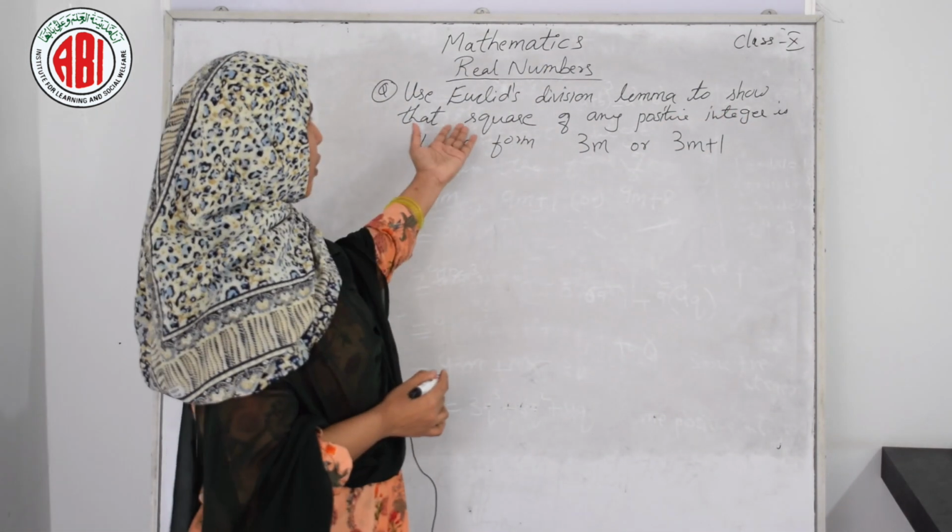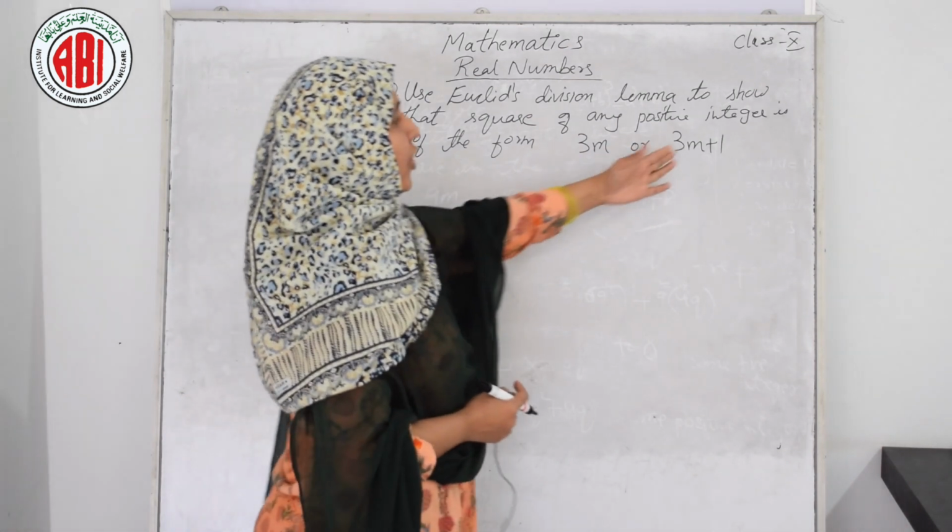So this is the problem about the square, 3m or 3m plus 1.